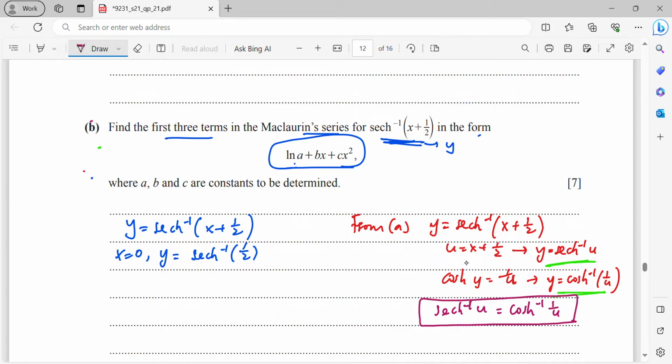Okay, therefore here I will write this is inverse hyperbolic cos of 1 over half. So 1 over half is basically 2.